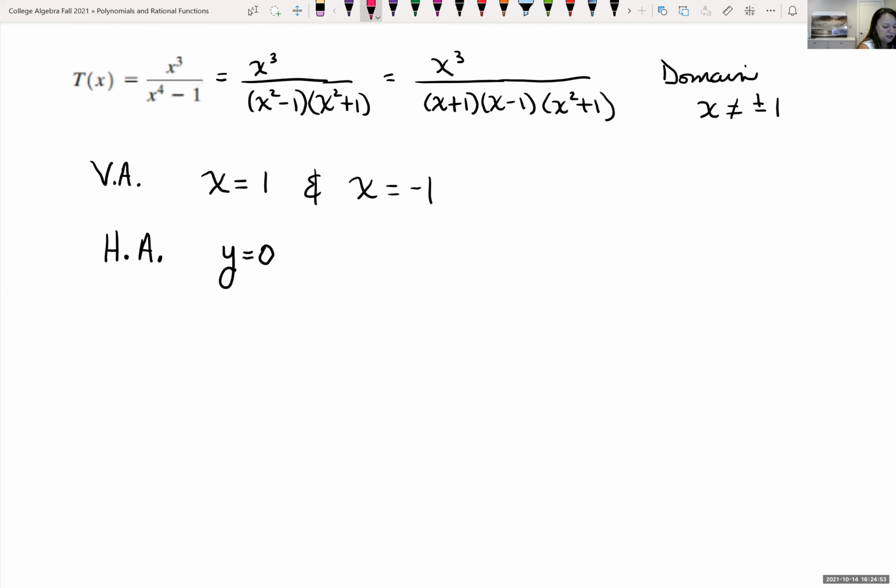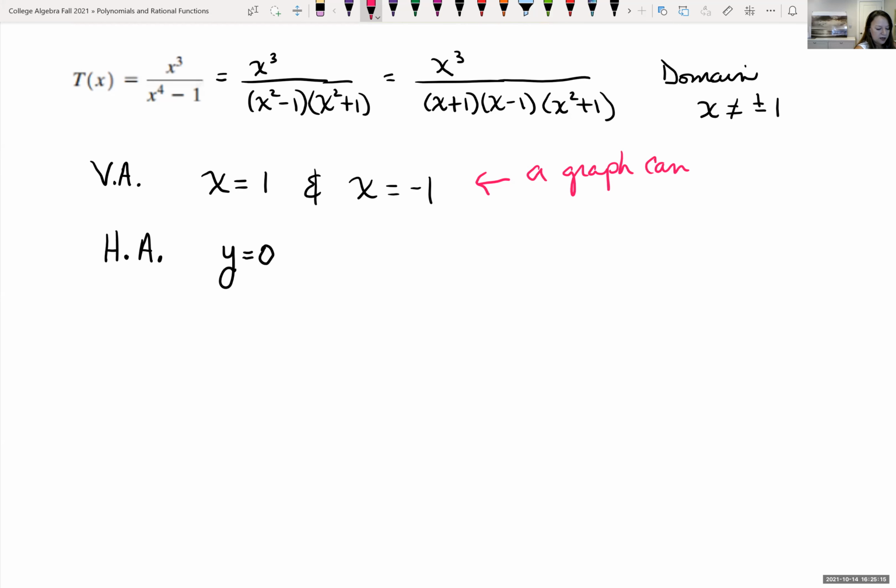Just want to note that a graph can never cross a vertical asymptote, because, right, those are where it's undefined. A graph can cross a horizontal or an oblique asymptote. And if it does, it's just going to cross it, but still hug that line on the other side, most likely.